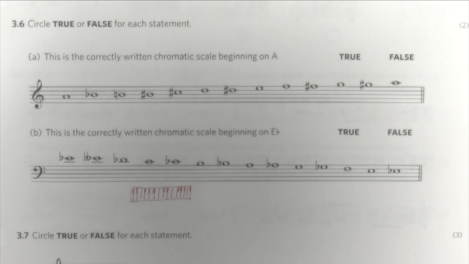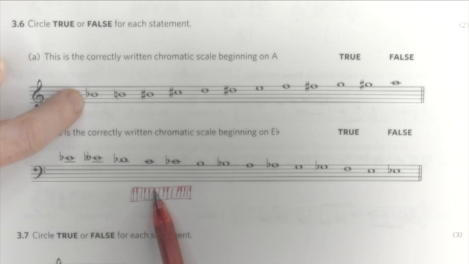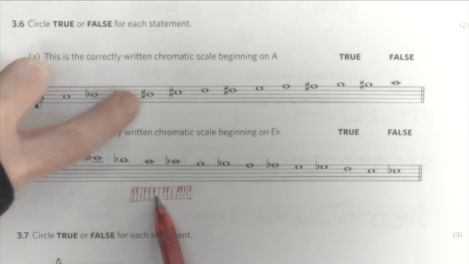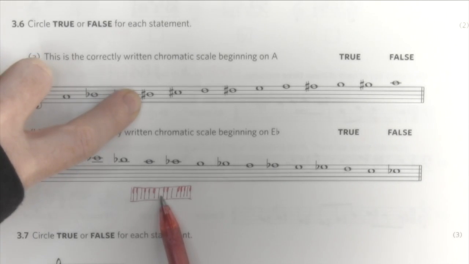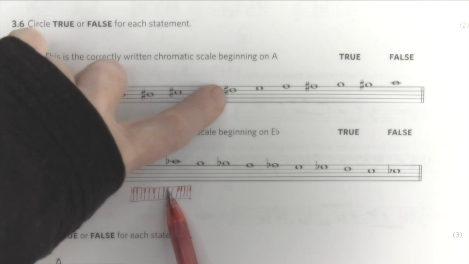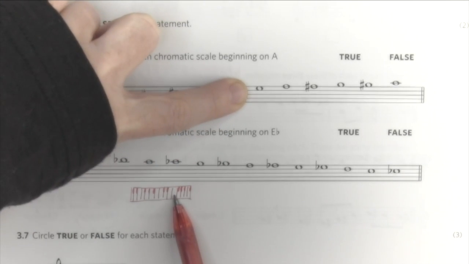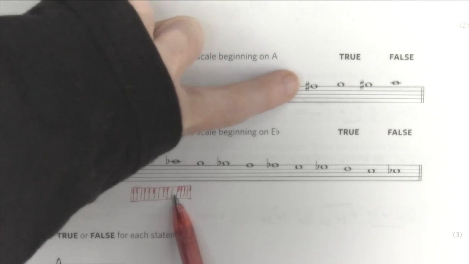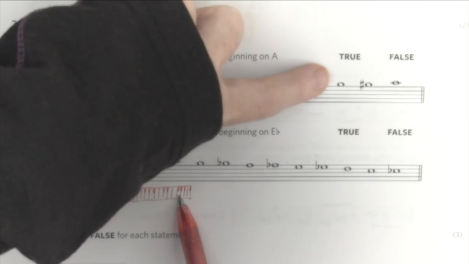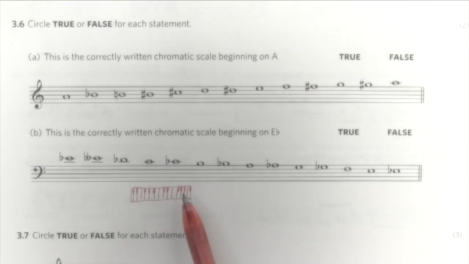Okay, let's start from La here. La, B flat, B, B sharp, okay, correct, kind of, Do sharp, Re, Re sharp, Mi, Fa, Fa sharp, Sol, Sol sharp, and La, okay.